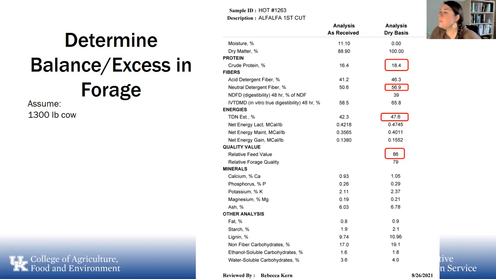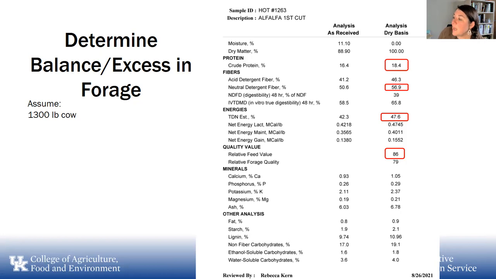Okay, so let's look at this hay result. We're looking at our dry matter basis, so we're in the second column. If you'll look over here, we've got crude protein at 18.4. That's expected for alfalfa. Alfalfa has a high quality protein. It is a protein forage, and so that's a good protein indication there. We look at our NDF, which is 56.